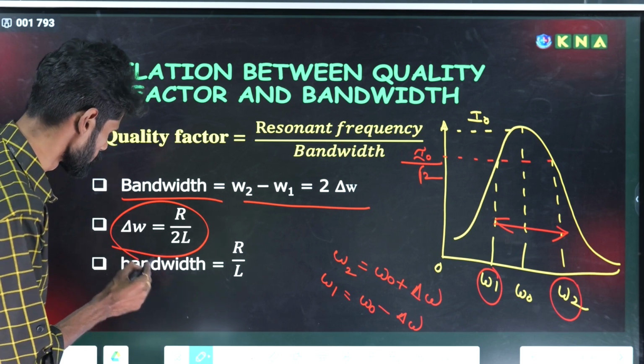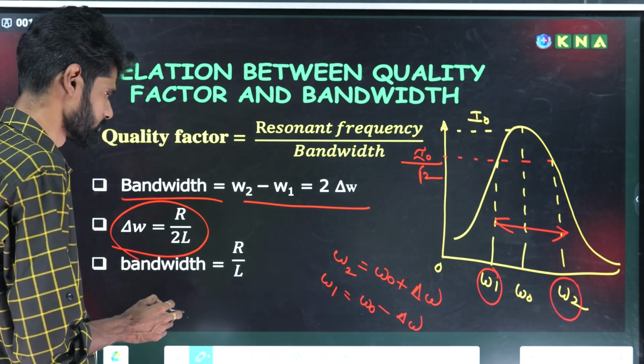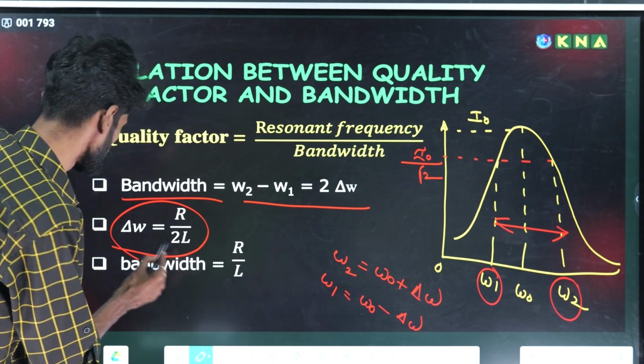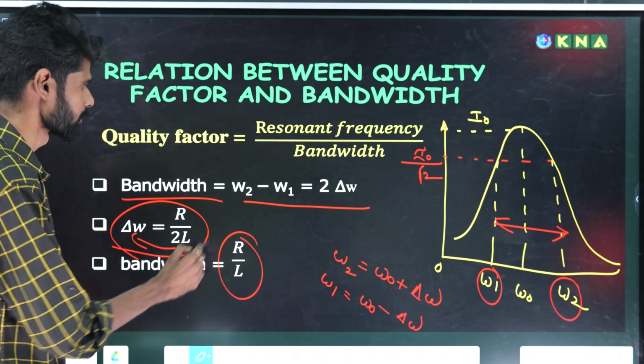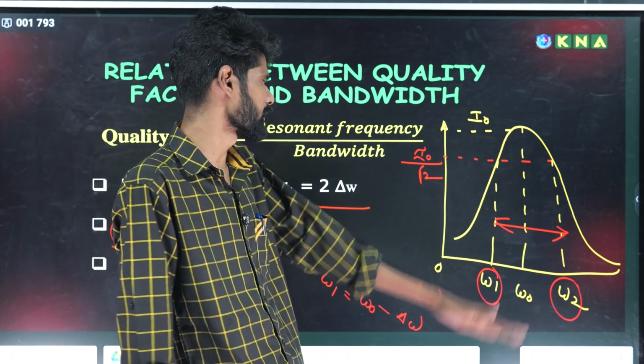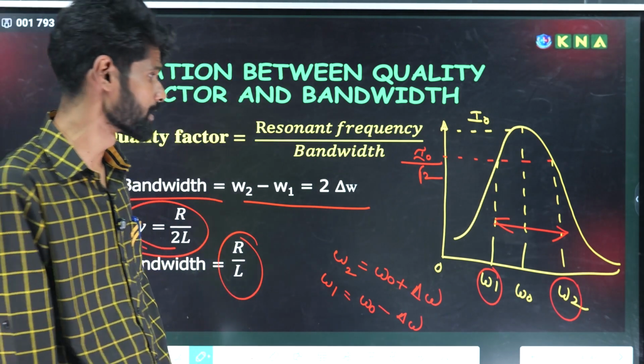Also this delta omega is equal to R by 2L, so the bandwidth, that is 2 times delta omega, is R by L. So for the relation, quality factor is equal to resonant frequency divided by bandwidth.